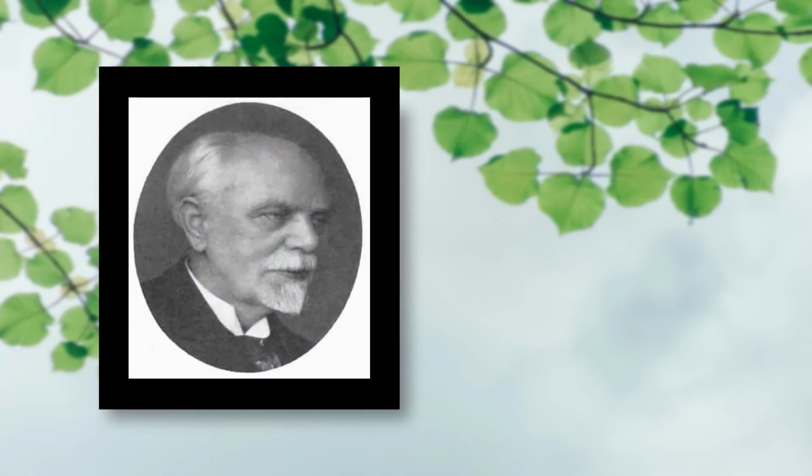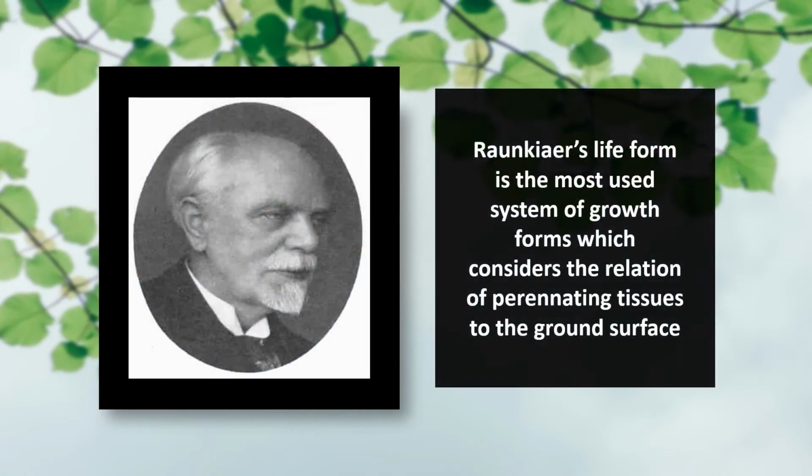The most widely used system of growth forms is the Raunkiaer life form, which considers the relation of the perennating tissues to the ground surface, which reflects protection from low temperature and divides the plants into 5 major life forms.